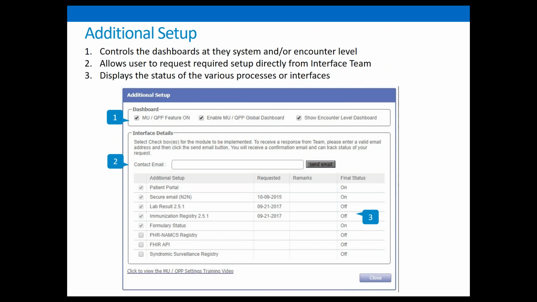For instance, that middle icon there at the top, enable MUQPP global dashboard, versus the third option, show encounter level dashboard. Some of you do not like the pop-up on your encounter close where you have the green thumb up or the red thumb down. You can turn that off if you don't want to. By default, it will be turned on.